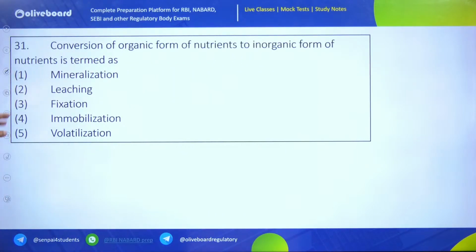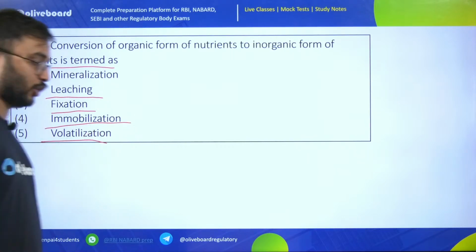Conversion of organic form of nutrients to inorganic form of nutrients is termed as what? Mineralization, leaching, fixation, immobilization and volatilization.